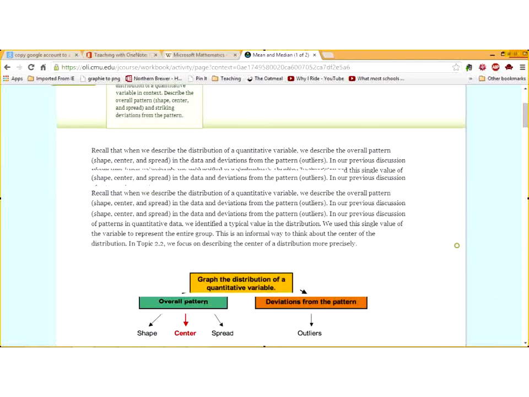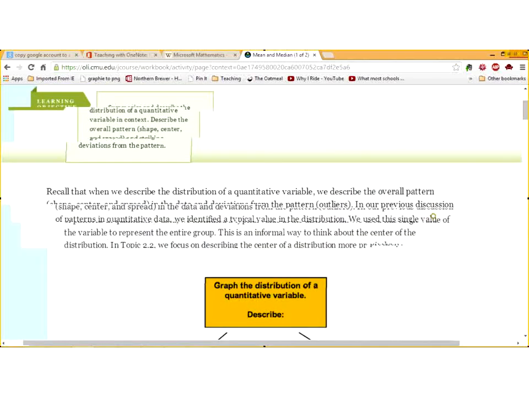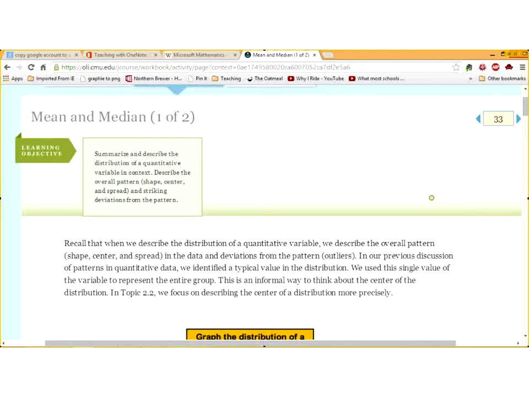All right, so now we're going to start talking about how to describe these things quantitatively instead of just qualitatively. In other words, can we actually come up with a numerical measurement that can tell us the center, that can tell us the spread, that can tell us the shape, the outliers.